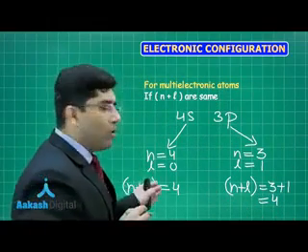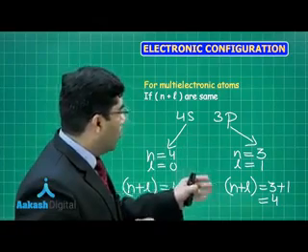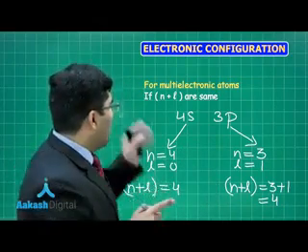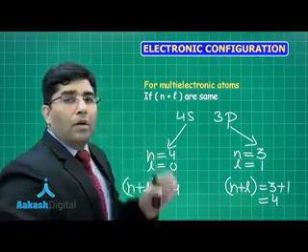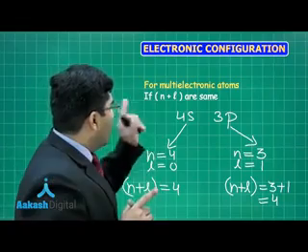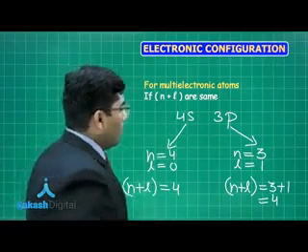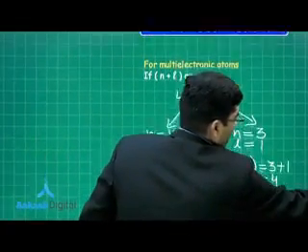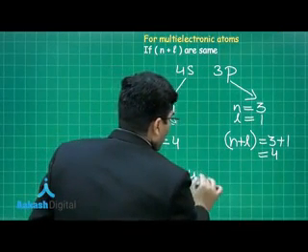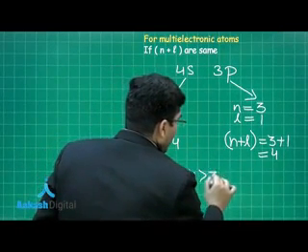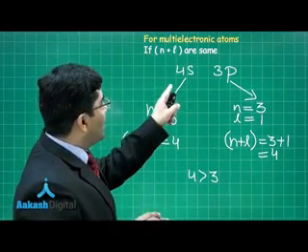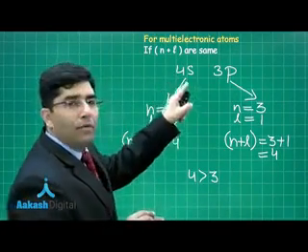Now this is also 4, that is also 4. In this case, we always see the principal quantum number. So 4 is bigger than 3. If we talk about the principal quantum number, then we know that 4 is greater than 3, therefore the energy of 4s will be greater than 3p.